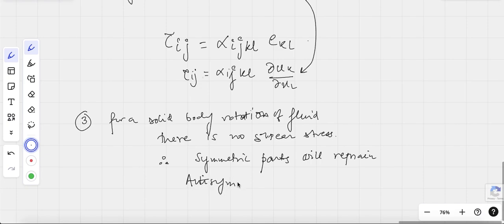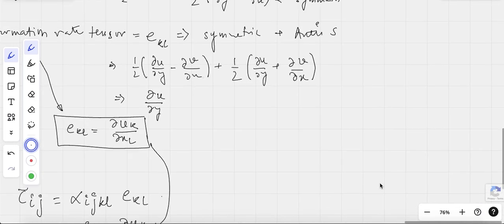Antisymmetric will be 0, which means that this symmetric part will remain and this will become 0.